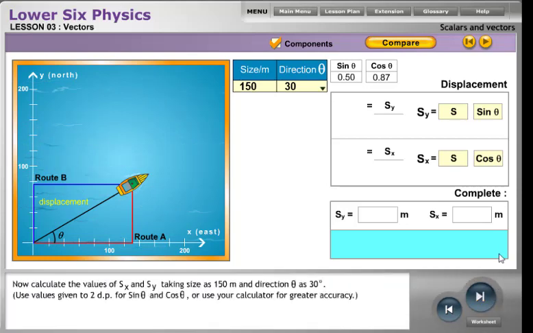Now calculate the values of Sx and Sy, taking size as 150 meters and direction theta as 30 degrees.